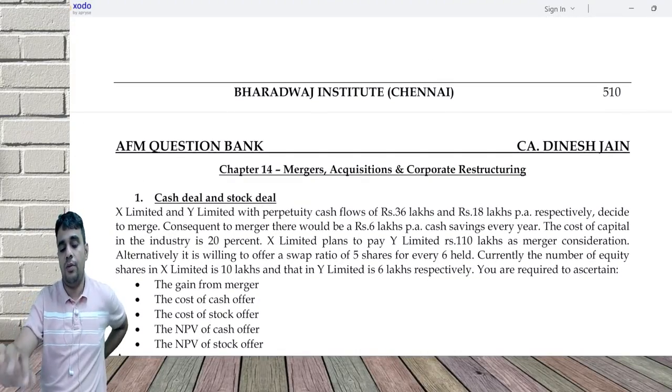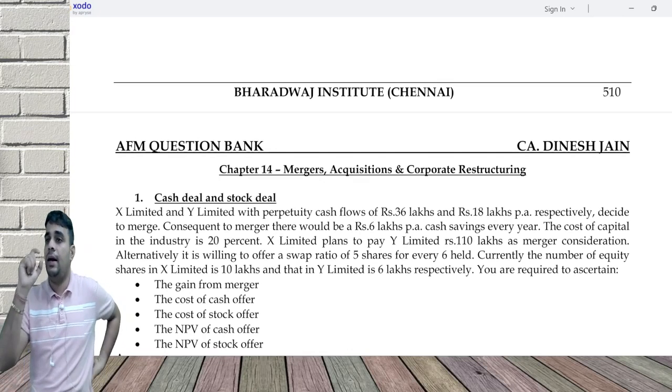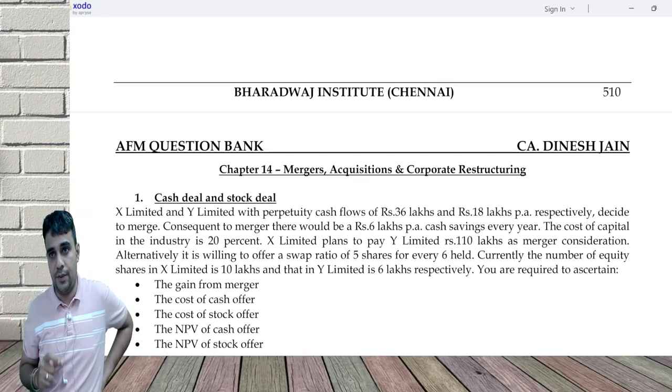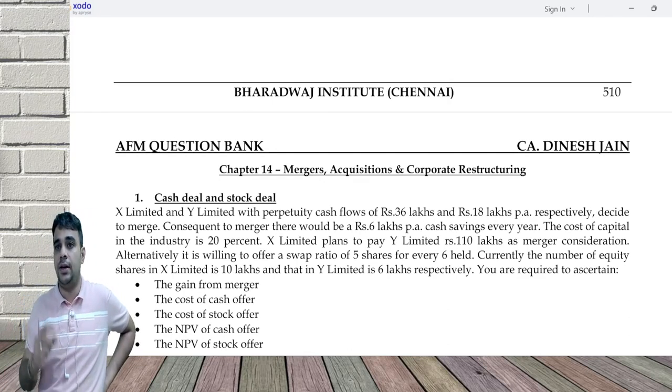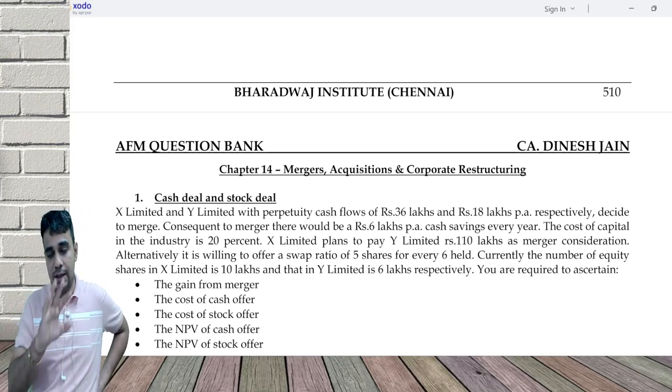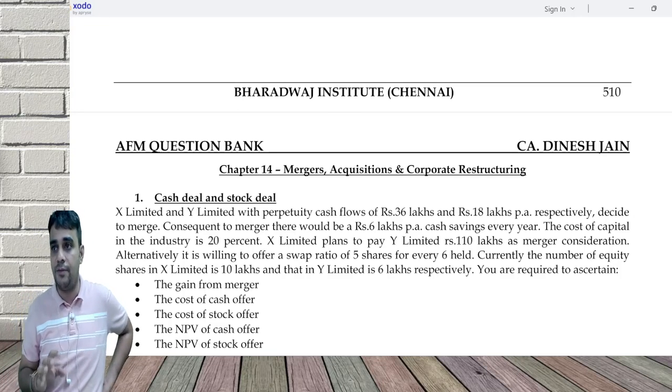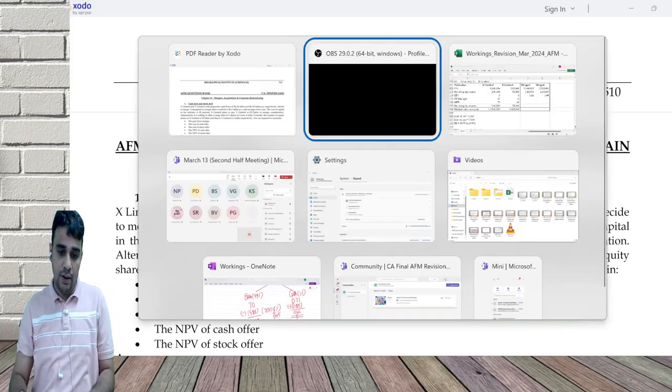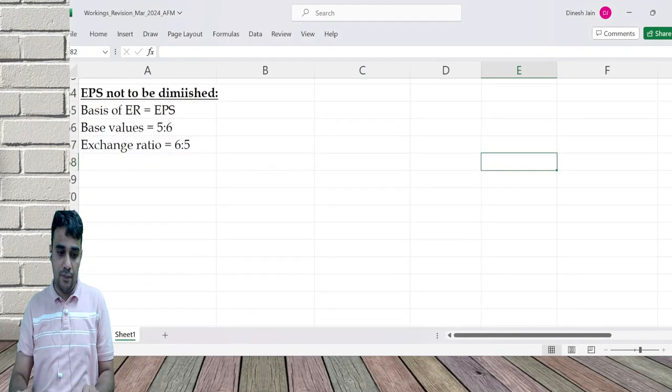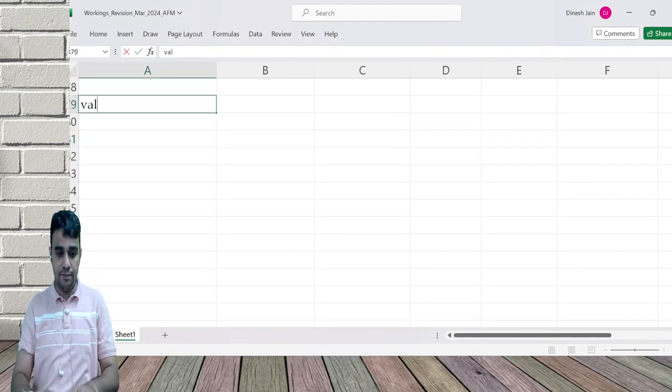Okay, now for calculating the value of the merged entity, there are two approaches possible. This is not covered in my concept book. Unfortunately, I've missed it. So write this alone. Valuation of merged firm.